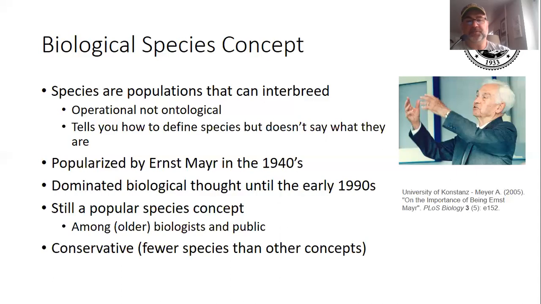However, these species interbreed, and so there's been an argument that golden-winged warblers and blue-winged warblers are actually one species. Okay, so we have two, now you have one. I think if you did that repeatedly over a number of closely related species, if you stuck to the biological species concept, you'd have fewer species overall.